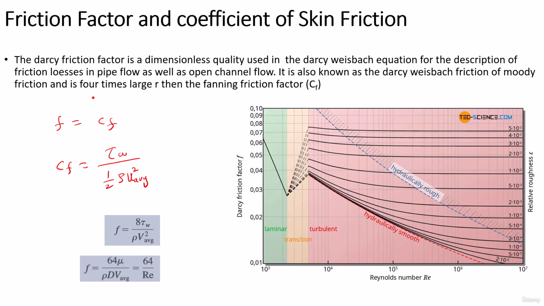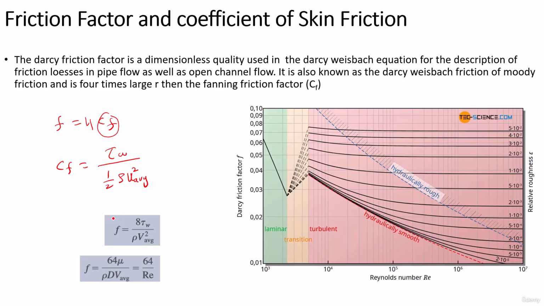So please keep in mind that this f is 4 times the coefficient of friction. This CF is from the wall shear stress, and it is equal to the wall shear stress divided by 1 upon 2 rho U average square.